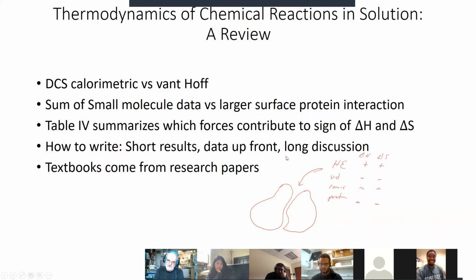How do we evaluate these data? And this paper is a really good example of that. Here's the results. Here's what we're sort of asking. And now let's see if we can understand and rationalize that table that has the signs of the enthalpic and entropic driving forces. So this is sort of a classic way of writing.